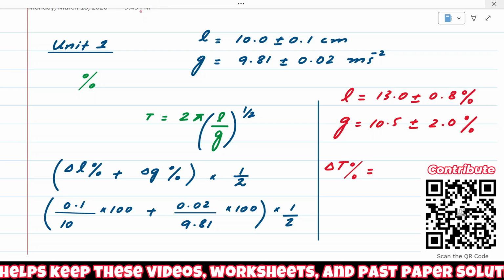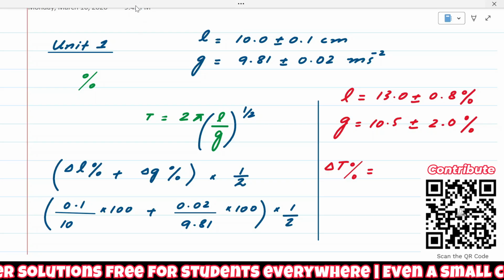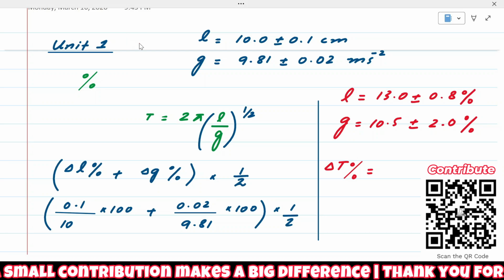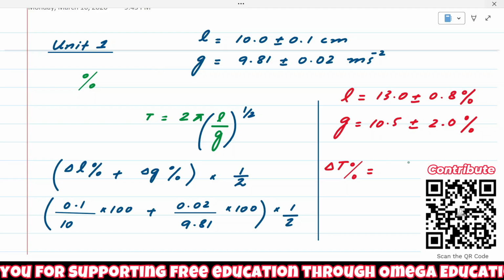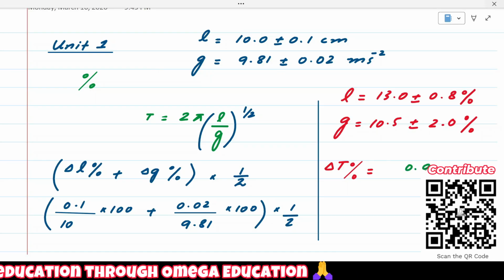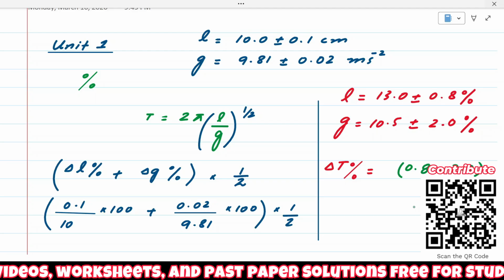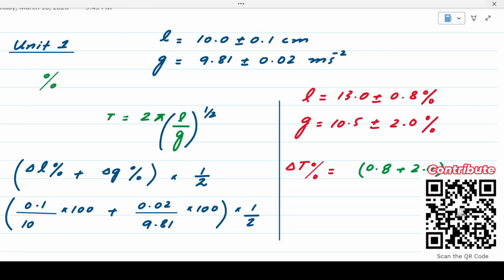Now you don't need to find the percentages independently because the percentages are given already. All you do is simply add them and multiply by whatever the exponent is. So 0.8 plus 2.0, add it and multiply it by the exponent in the formula.